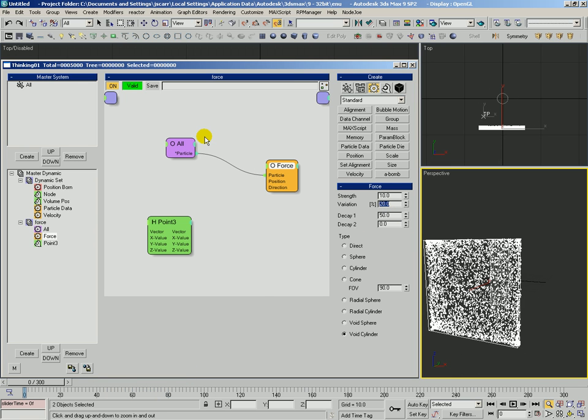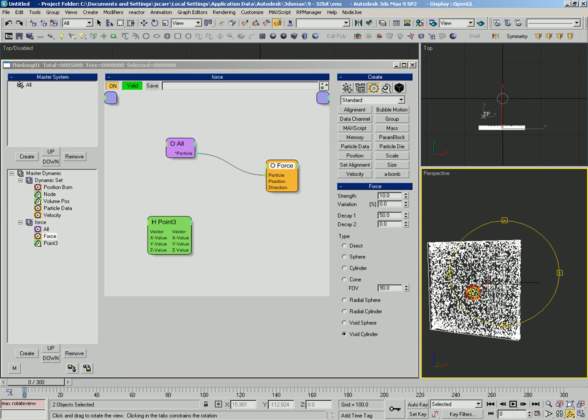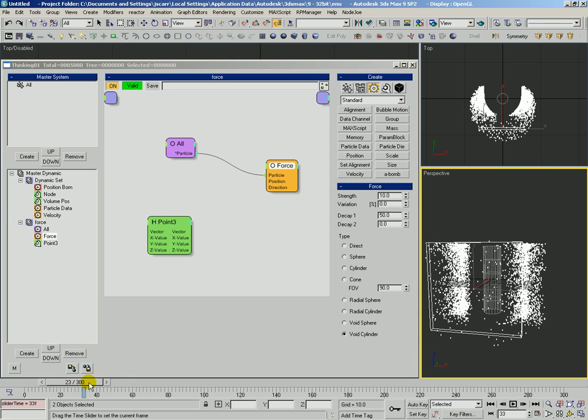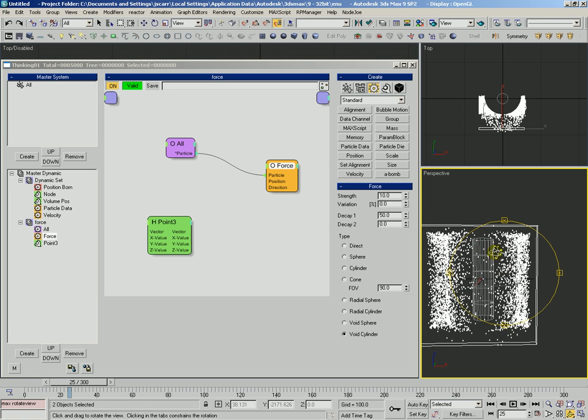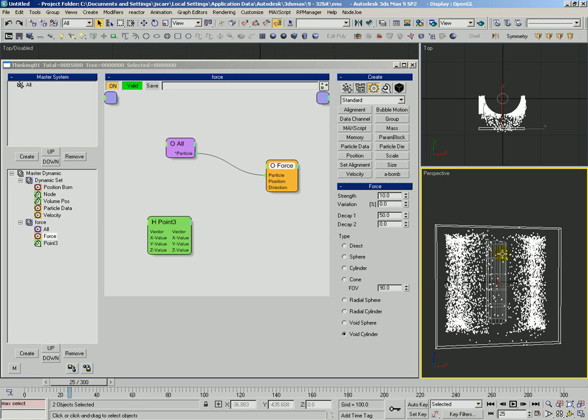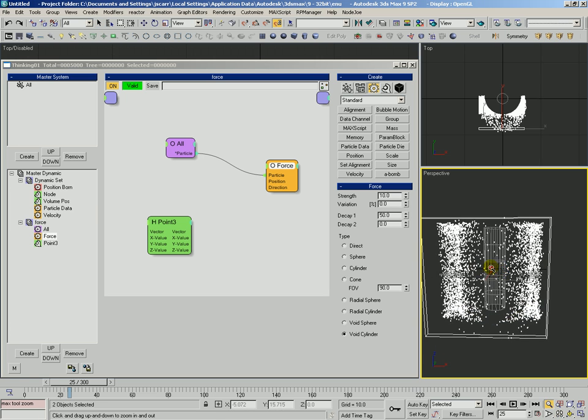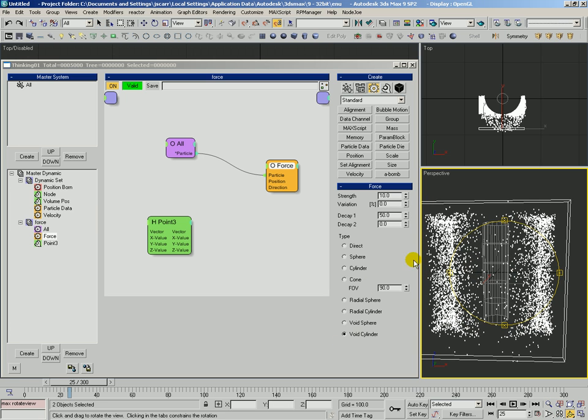And also with the void cylinder type, you can see that it's pushing them out equally along the whole height of the cylinder. And remember, the cylinder is just a visual representation to give an idea of what's actually happening. With void cylinder, we can also use the DecayTo, because DecayTo is applicable to all of the cylinder methods.